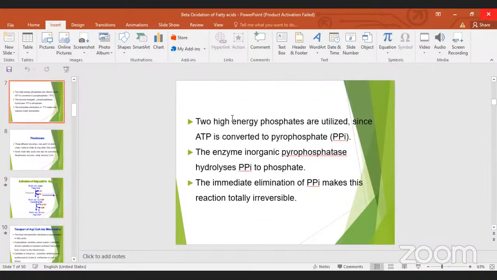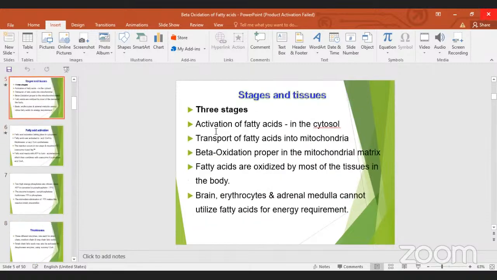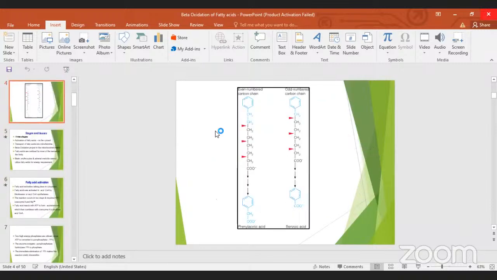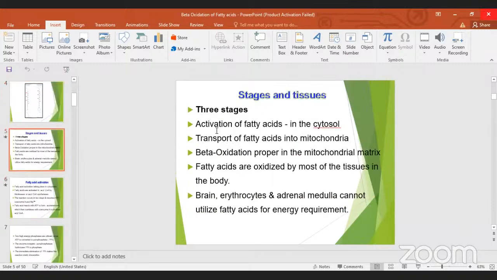This is the activated form. Here, three stages are there, no? First one, activation, takes place in the cytosol. Beta oxidation of fatty acids has three phases.